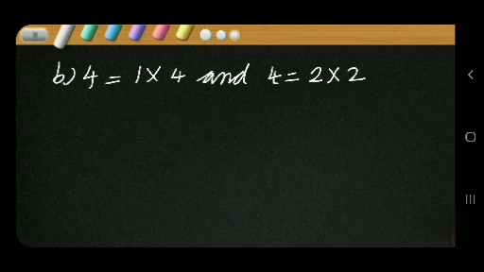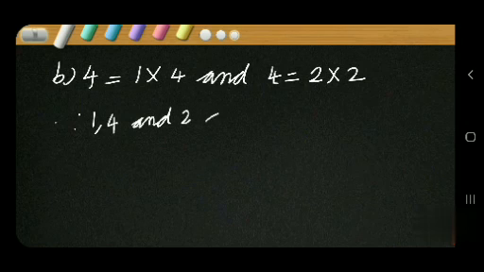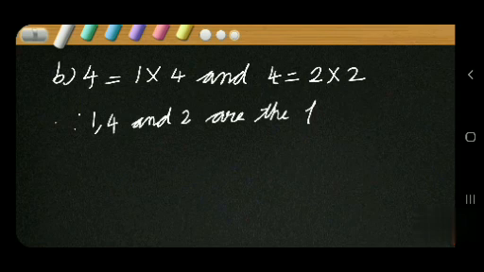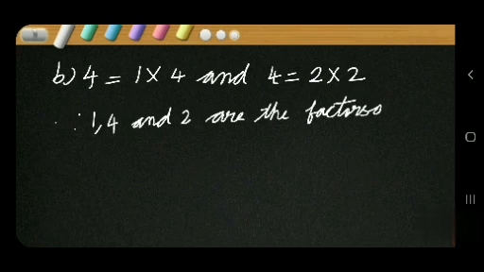So from this, which are the factors of 4? 1, 4, 2. 2 need not be written twice. We need to write 2 only once. Therefore 1, 4 and 2 are the factors of 4, isn't it?